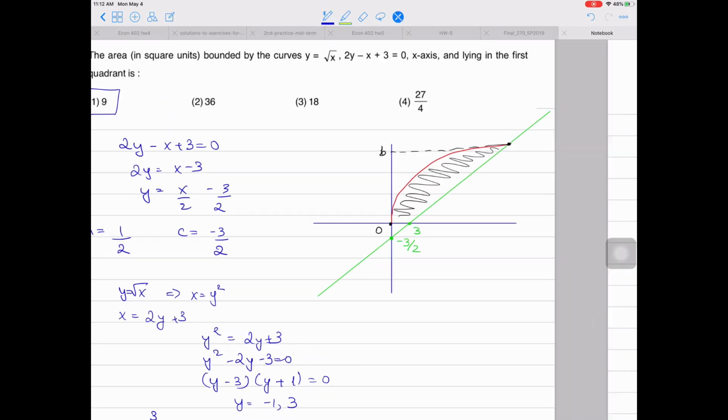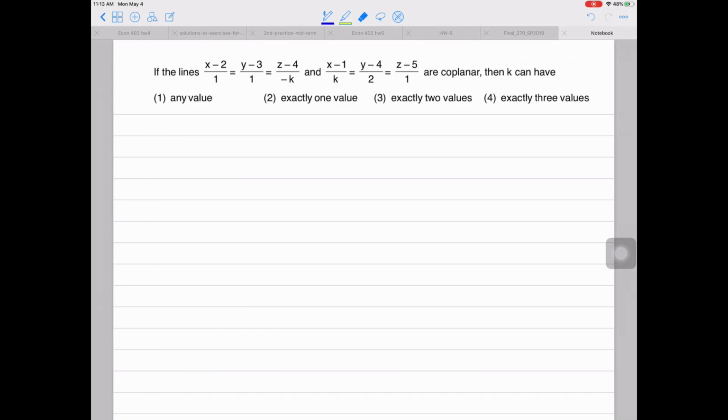Let's move on to the next question. If the lines (x minus 2) over 1 equals (y minus 3) over 1 equals (z minus 4) over minus k, and (x minus 1) over k equals (y minus 4) over 2 equals (z minus 5) over 1 are coplanar, then k can have.